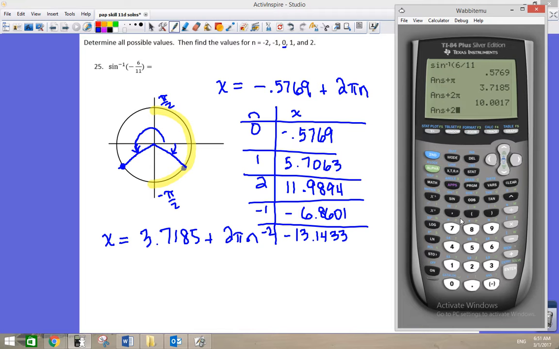For n equals 2, add another 2 pi, because I'm 4 pi away from what I called 0. If I go back to n equals 0 here, and if I subtract 2 pi, there's a solution, and if I subtract another 2 pi, there's the solution. Okay.